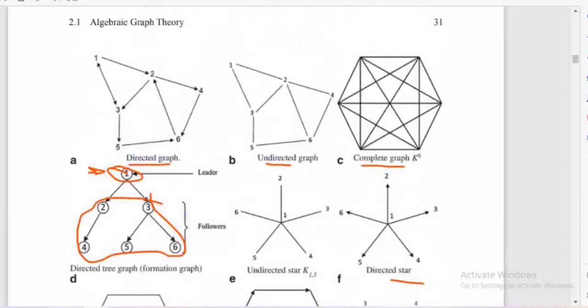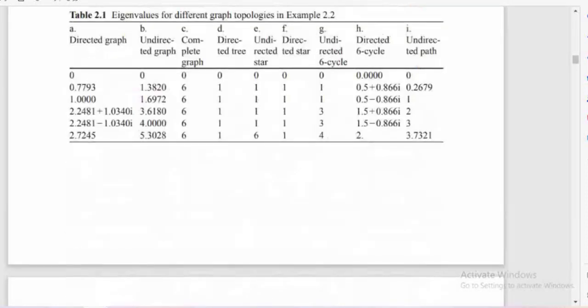for A, for this graph, the eigenvalues of the system are 0, 0.7, 1, and 2 imaginary eigenvalues, and the third one is 2.7.